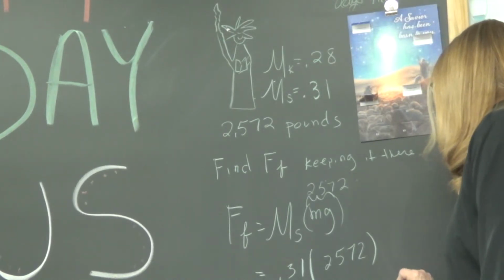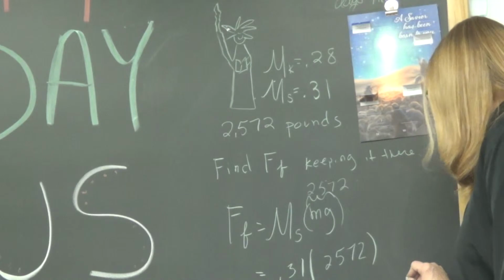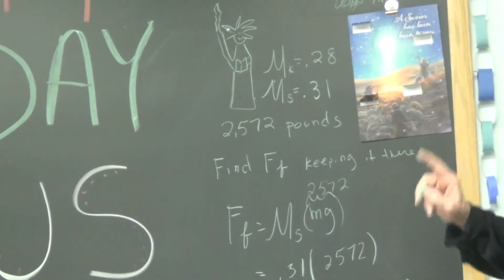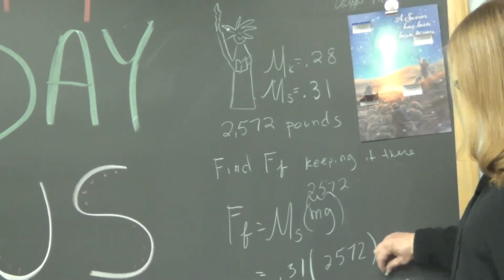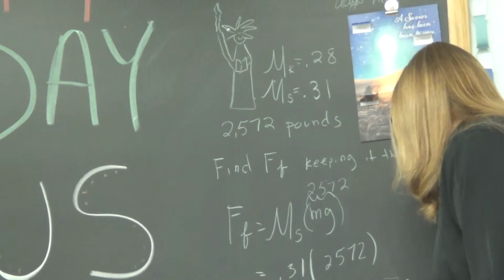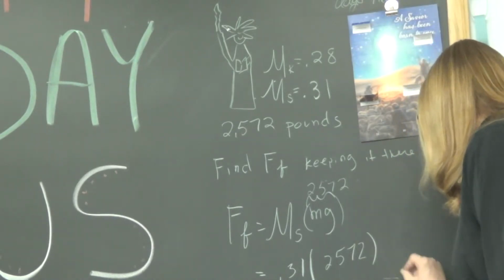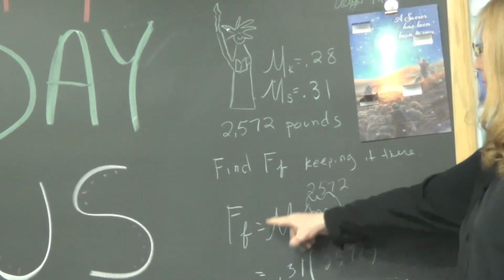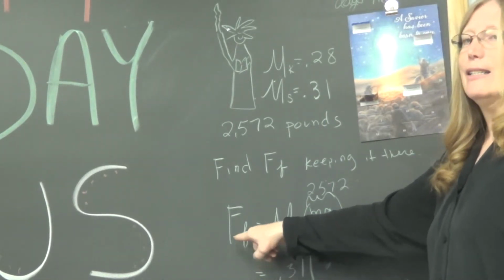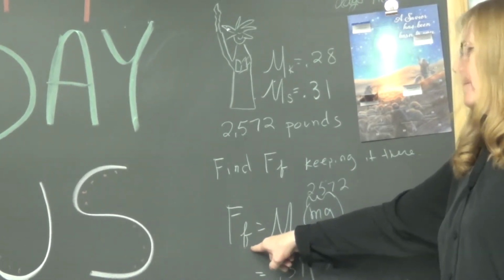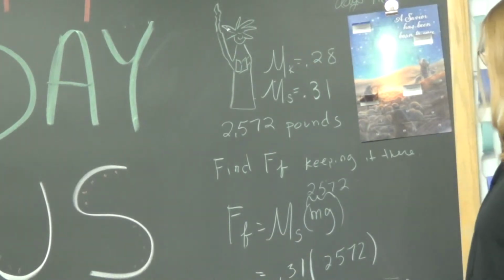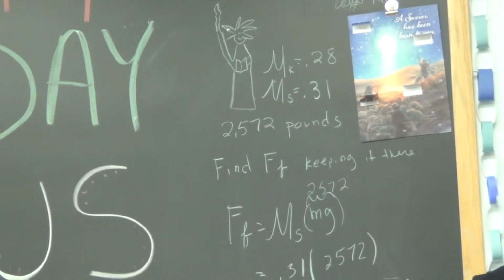80, no, 8.0 times 10 to the 2. We can't write it as 800. That's what it would round up to in 2 sig figs, but the 8 and 0 would be significant and 800 wouldn't.